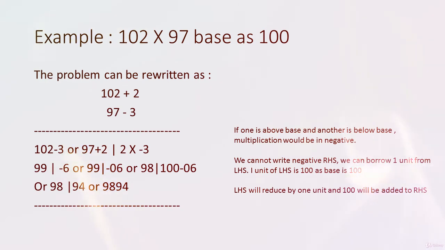So the left hand side will be 99 minus 1, that is 98. The borrowed 1 comes to the right hand side and it becomes 100. So 100 minus 6 is 94. Left hand side portion is 98 and right hand side portion is 94. Our answer is 9894.